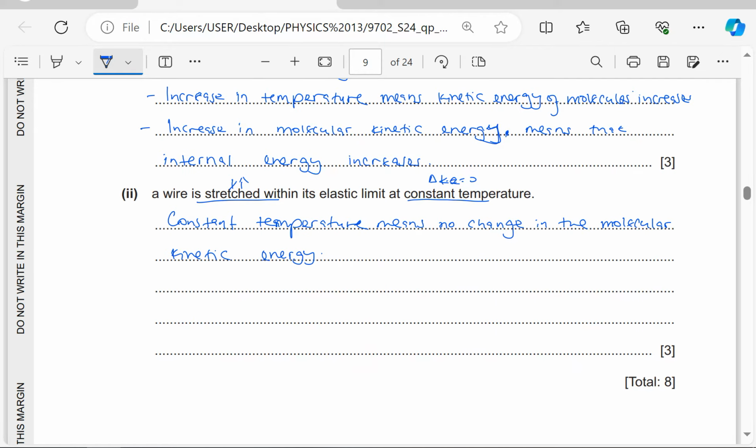But we are seeing stretching, so the separation of molecules increases.